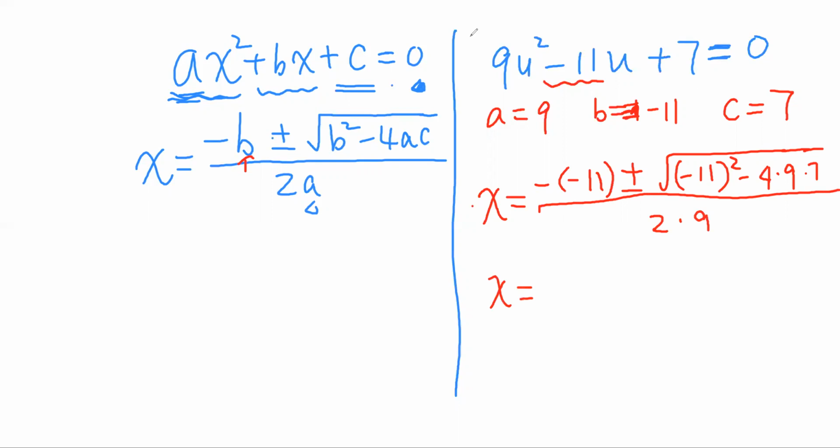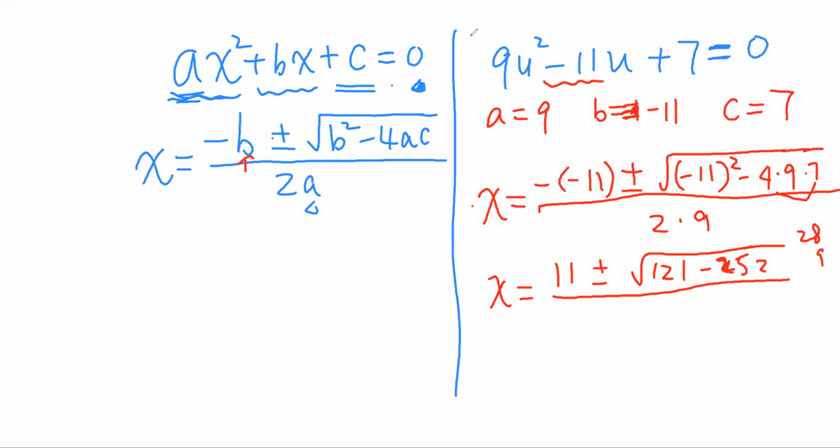Okay, so what do we get? This is positive 11. What's inside? It's 121 minus how much? 4 times 9 times 7 is 252. So inside, the discriminant is less than 0, right?